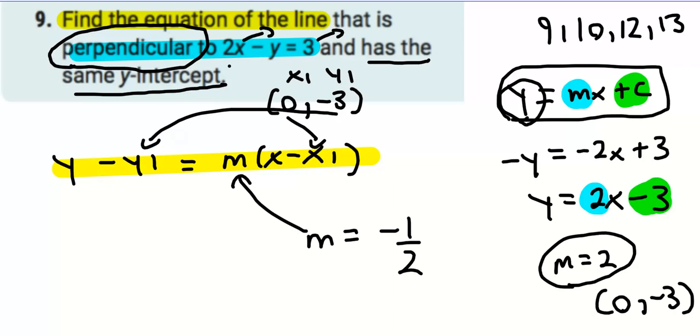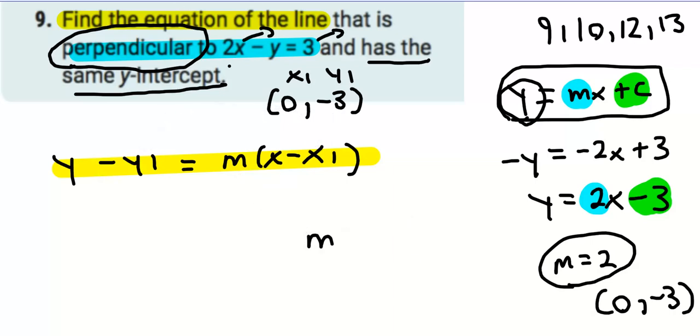Or what the hell, I'll finish it off, all right? Ready for this? What's y1? What's minus 3? Plus 3. What's the slope? Not 2. Turn it upside down.